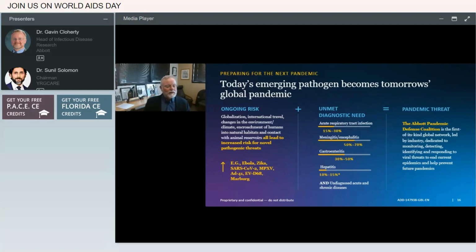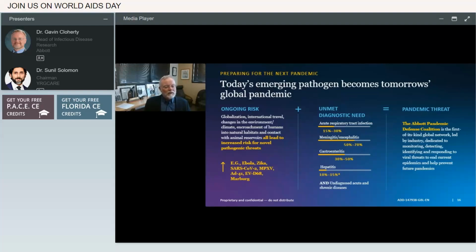We've seen in the recent past Ebola, Marburg, Mpox reemerging and causing huge problems around the world. Zika ripped around the world 10 years ago, causing massive problems. There's a huge amount of illness that goes undiagnosed on a regular basis. 30 to 50% of gastroenteritis, 50 to 70% of meningitis and encephalitis goes undiagnosed.